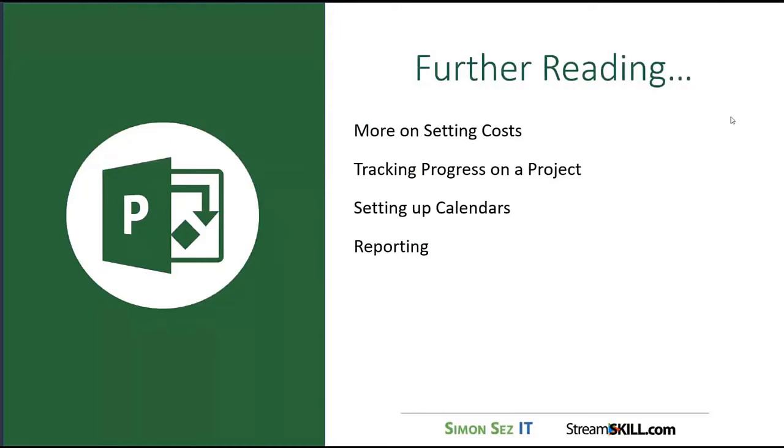We haven't spoken a lot about calendars because it is such a big topic, but it's definitely very important and something you should look into. And also reporting, particularly if you find yourself having to report progress on projects back to managers and key stakeholders. So those would be my 4 main things that I would read about after these 2 sessions.